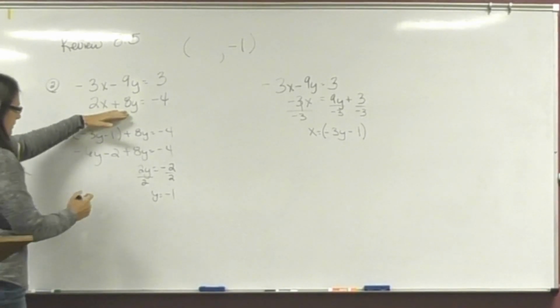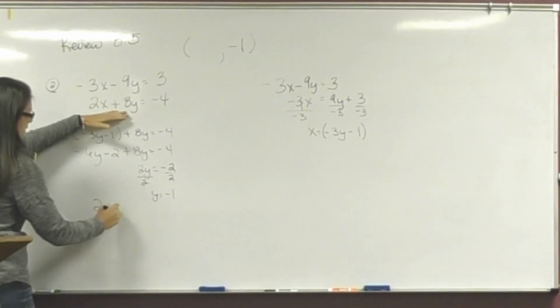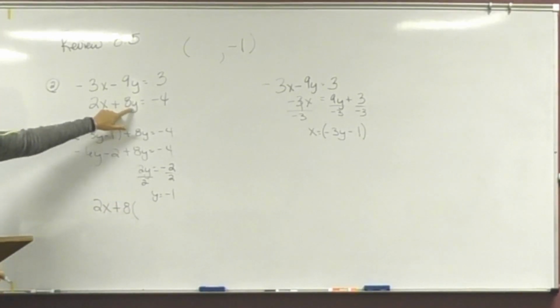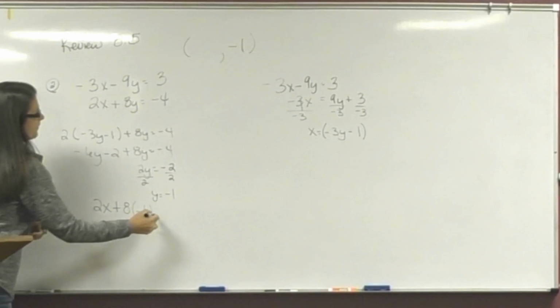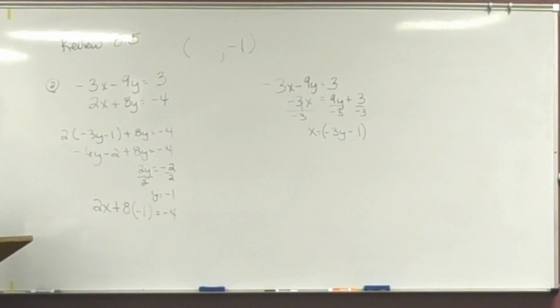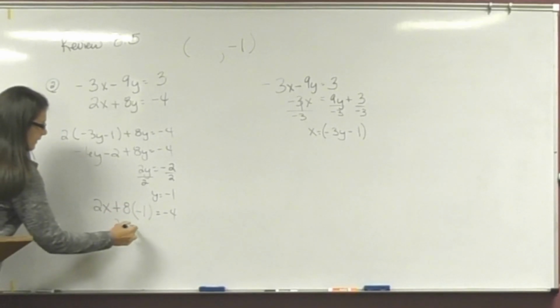So I'm going to take this equation, and for y, I can now plug in negative 1. That will leave me with just one variable left, x, which is exactly what we need. So I've got 2x, positive 1 times negative 8 is negative 8.